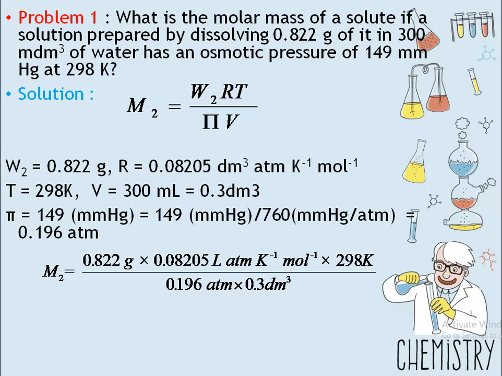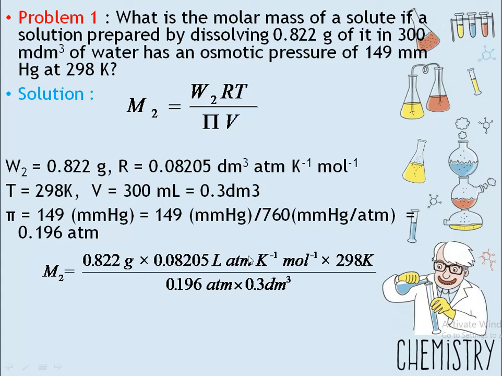So by putting all these values in the above equation, we get M2 is equal to W2, which is 0.822 grams, into R, the constant, into temperature, 298 Kelvin, divided by pi, the osmotic pressure, 0.196 atmospheric, and V, the volume, 0.3 dm3.